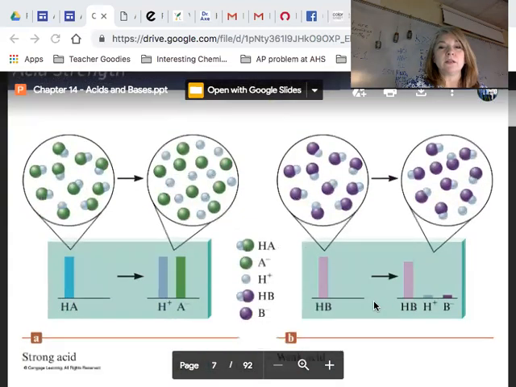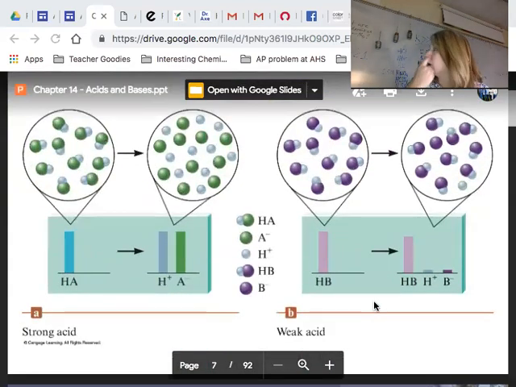All right, so let's look at this screen. I don't believe we looked at it. When we look at the difference between strong acids and strong bases, here you have your strong acid. Notice when you first start off, you don't have any water molecules involved. All you have is just the strong acid. As soon as you add it into water, immediately every single one of those molecules becomes an ion.